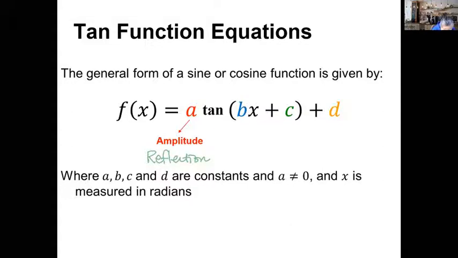So reflection about the x-axis when it's negative, right?